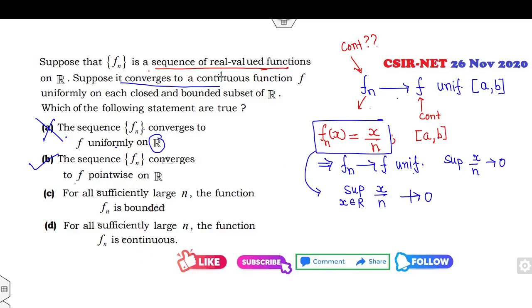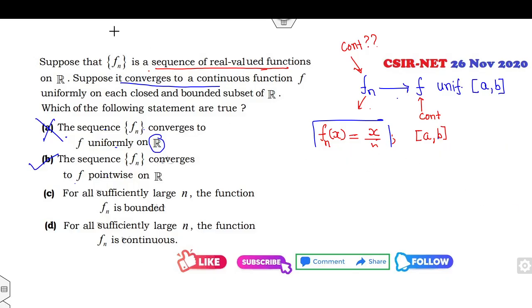For sufficiently large n, the function is bounded. For sufficiently large n, the function is bounded. So clearly, if I consider Fn bounded on what? It is not given to you on the closed interval. That means they are talking about R. Fine.